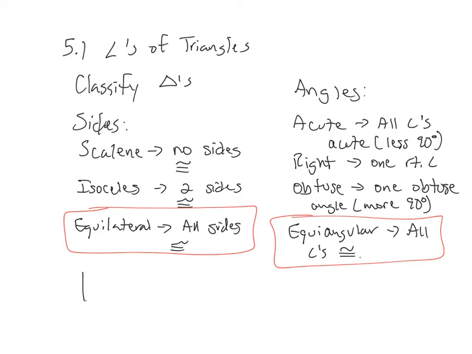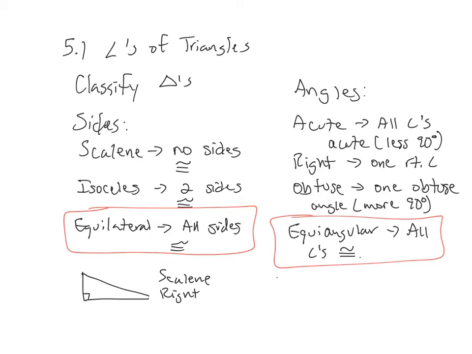So if you had a triangle like this, this would be a scalene right triangle, because none of the sides are labeled congruent and there is a right angle.